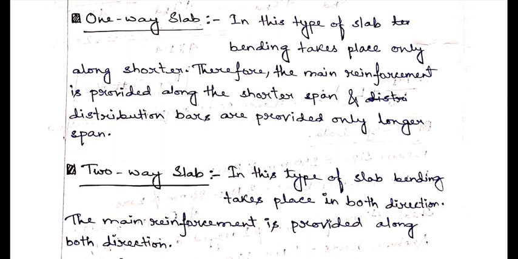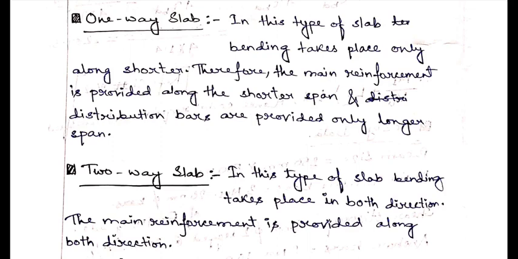So, in case of one-way slab, along the shorter direction, main reinforcement is provided, and along the longer span, distribution steel is provided to make the mesh and construct the slab. But in case of two-way slab, in both directions, we have to provide main reinforcement bars because bending takes place on both sides in this case.